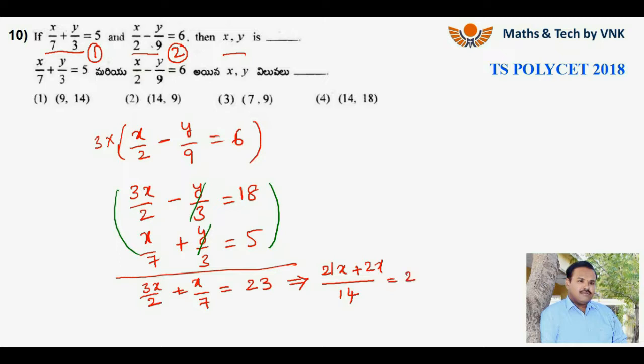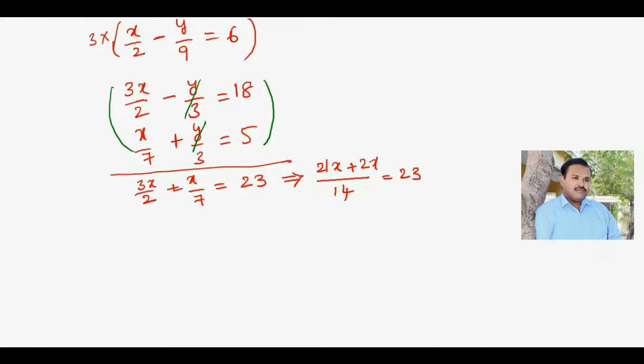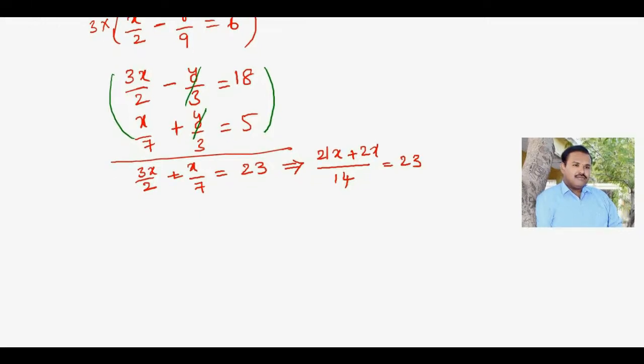So this is nothing but 21x plus 2x is 23x divided by 14, which is equal to 23. So it will cancel here, 23 and 23 will cancel, you will get 1 here. So x is equal to 14.